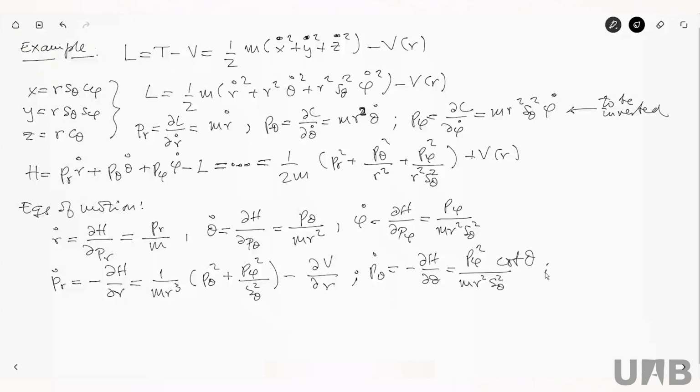And finally, p sub phi dot, which is minus derivative of H with respect to phi. And whoop, surprise, lo and behold, here there is no phi dependence, so this is 0.